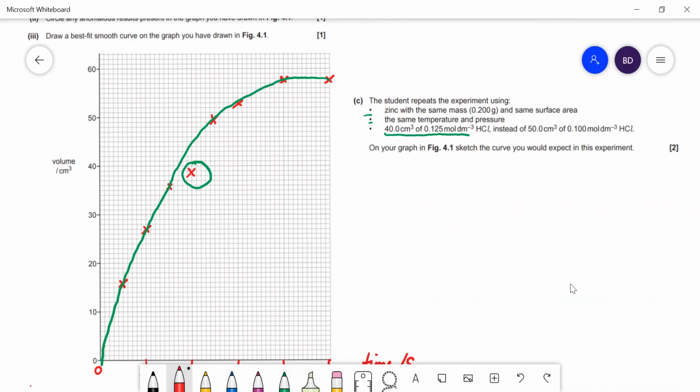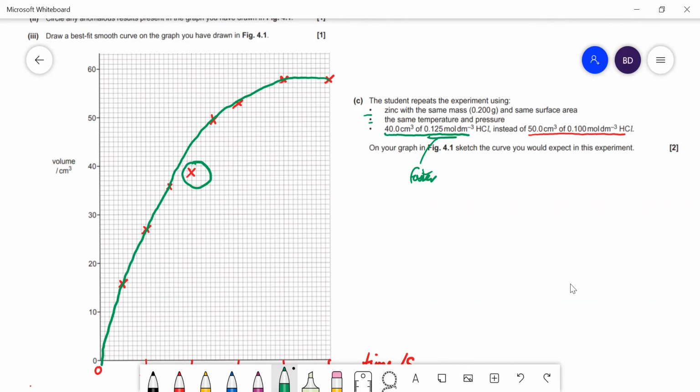Before they used that volume and that concentration. Now the new one, the green one, is going to be faster, so we need a steeper curve. It's going to be faster because the concentration of the acid is a bit higher, 0.125 instead of 0.1 for the other one. But we need to work out where it levels off.